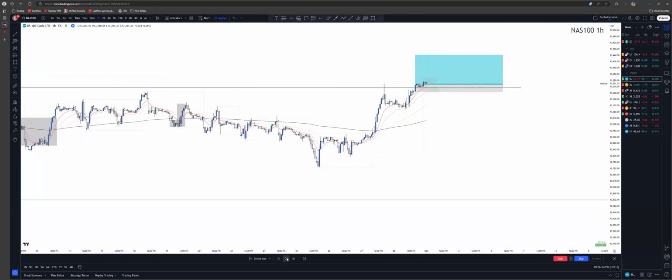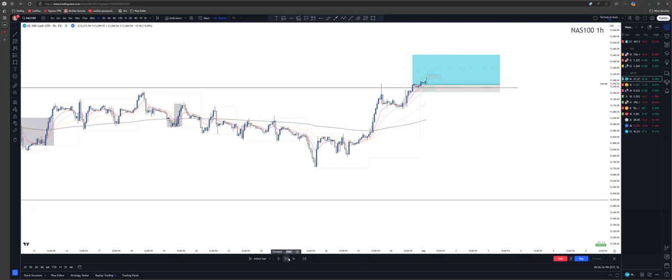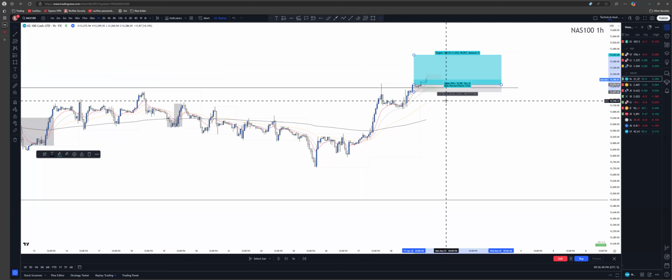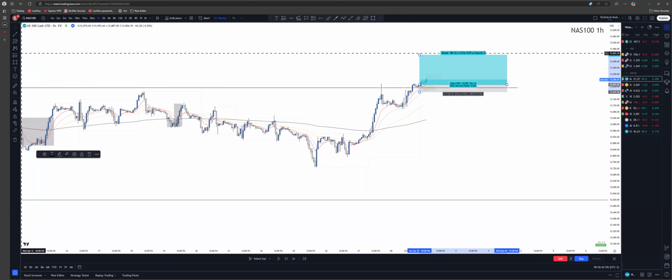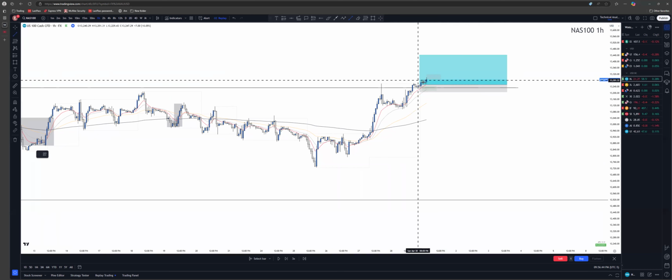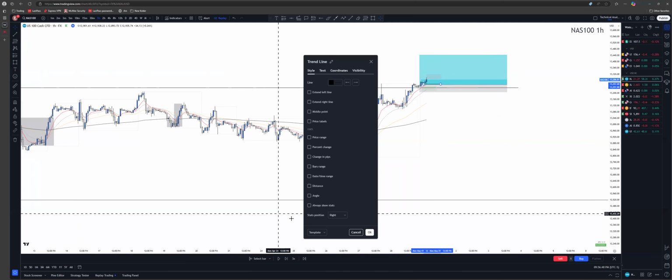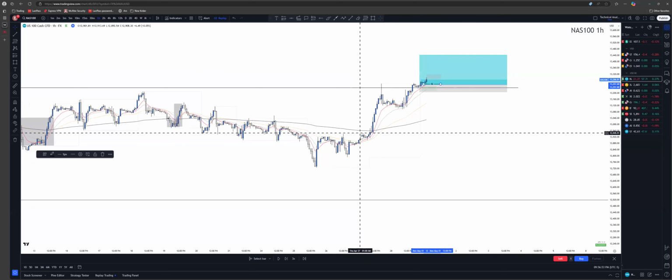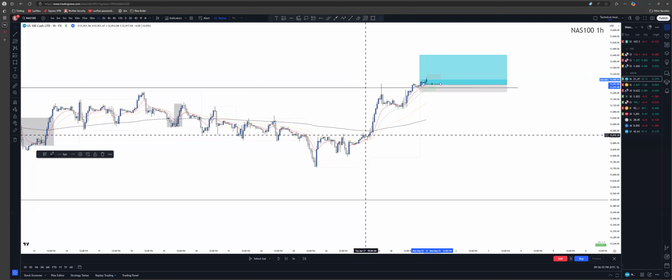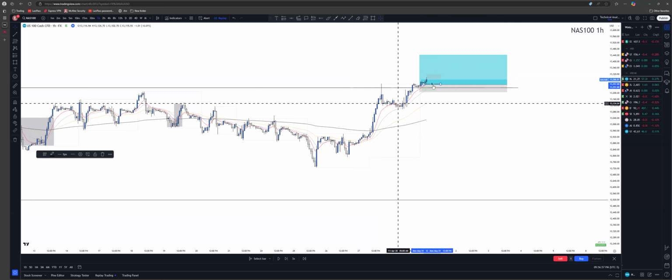So we can get a close above. Okay, get a close above this candle. We can go ahead and move our stops to break even. Kind of down that I had it playing within this area.